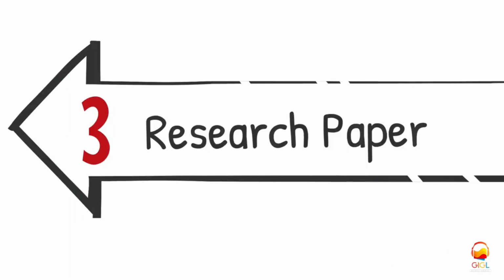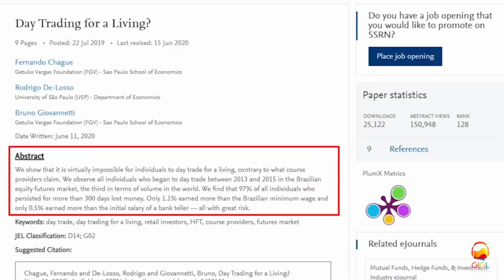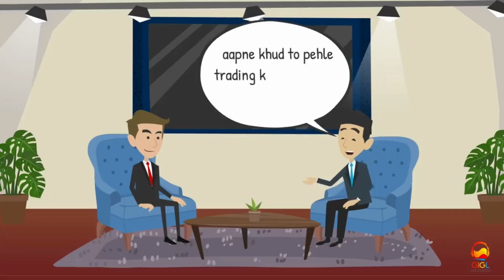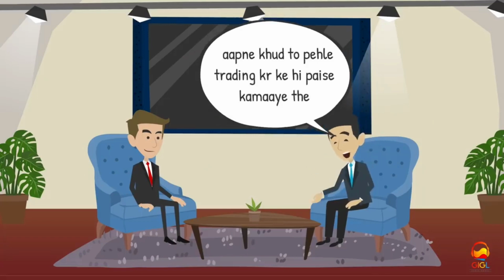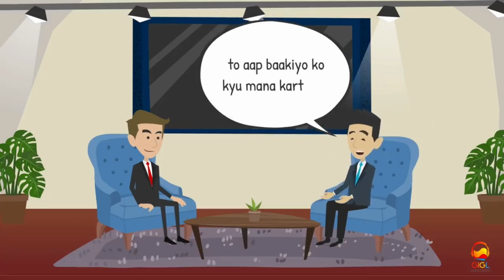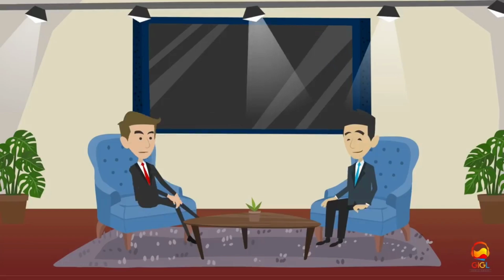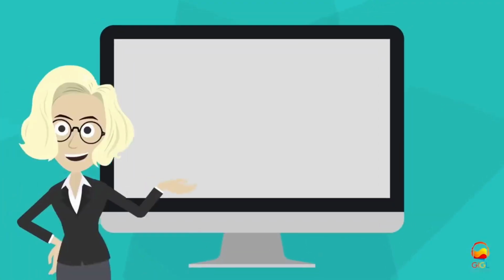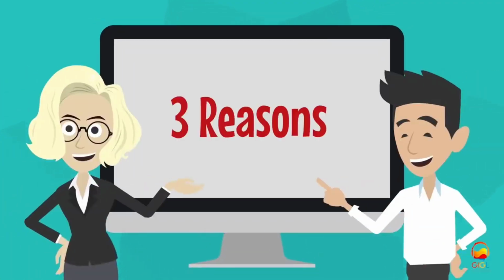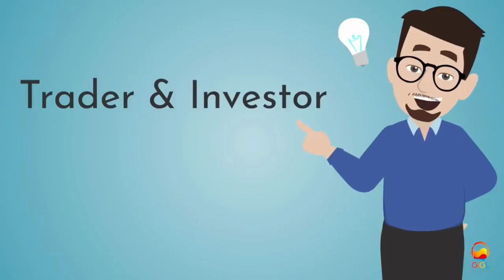Source 3 is a research paper on the Brazilian equity fund market, whose conclusion is that only 1% of traders are actually able to earn money.